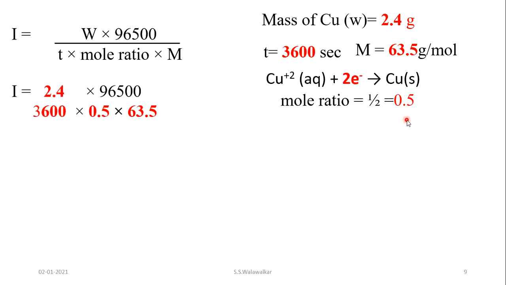Now substitute these values. I is equal to 2.4 into 96,500 divided by T, 3600 into mole ratio 0.5 into 63.5.